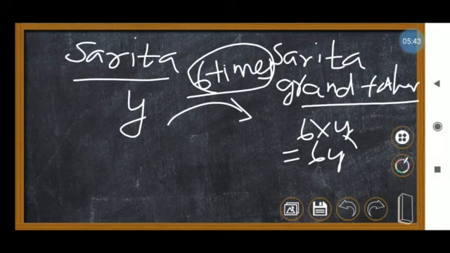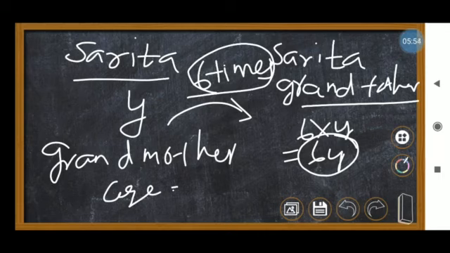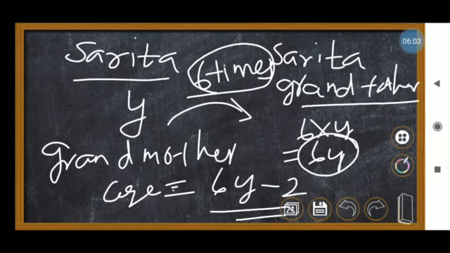What is the grandfather's age? 6Y. The grandmother is 2 years less than the grandfather, so 6Y minus 2. So 6Y minus 2 is the grandmother's age.